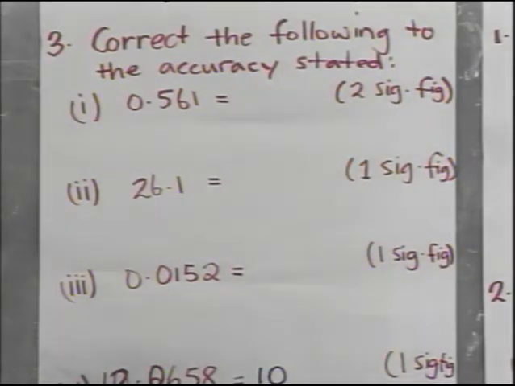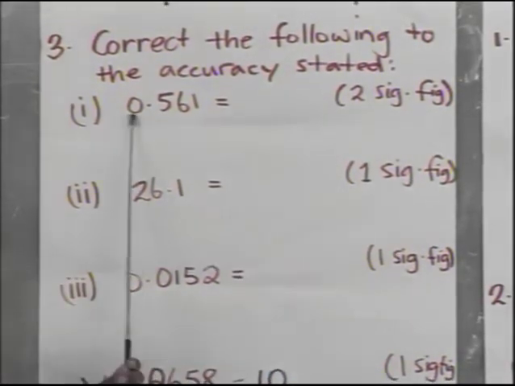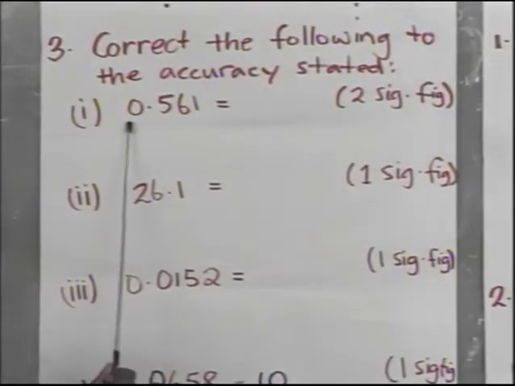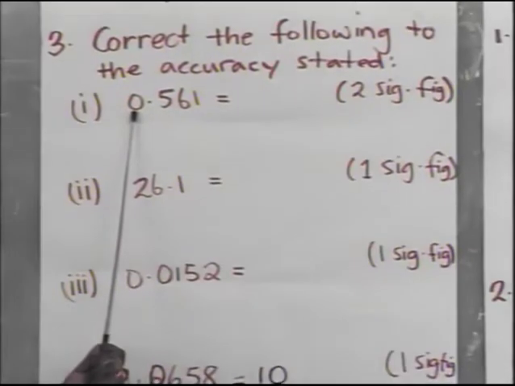If we look at this first before I let you go: 0.561 to two significant figures. Natasha, what do you think? 0.6. Are you sure? 1.6. Okay. The number before the decimal point, if it is a non-zero number, it's considered significant.